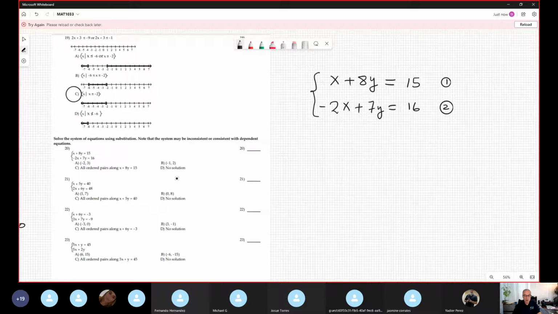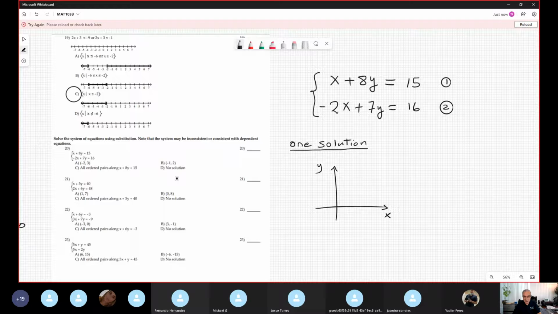Okay, so when you solve a linear system of equations, we have three possibilities. You need to be aware of the three possibilities. One possibility is that we have one solution, which is the most popular case. 99% of the time, it's only one solution, because the interpretation, remember, is graphical.